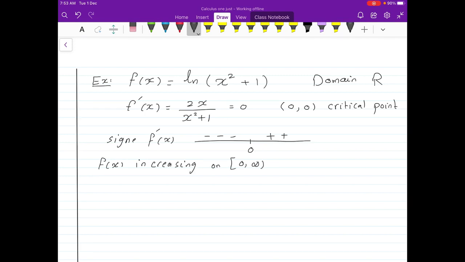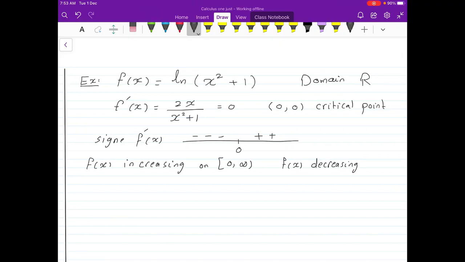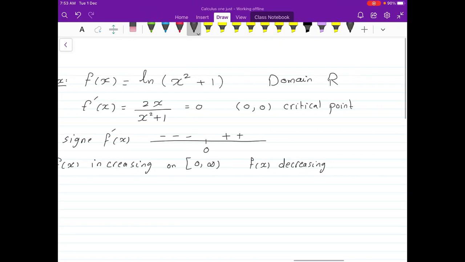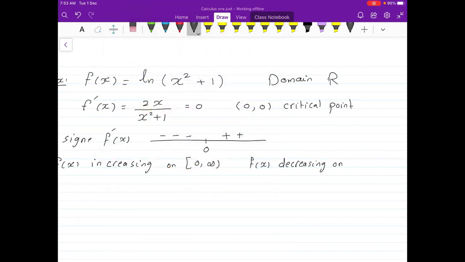On the interval 0 to infinity. And f of x is decreasing on which interval? On the interval minus infinity to 0.